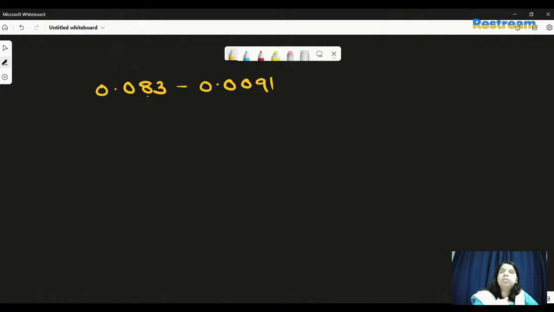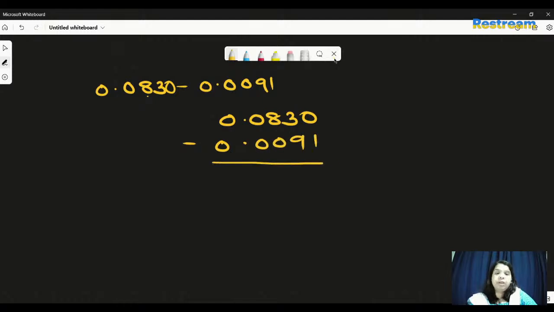I'm sorry about the confusion. So we will take this as 0.0830. Why? Because here we have to add a 0. Minus 0.0091. So this becomes 10. 10 minus 1, we borrow 1 from here, so 10 minus 1 is 9. Then we borrow 1 from here, make it 12. 12 minus 9 is 3.